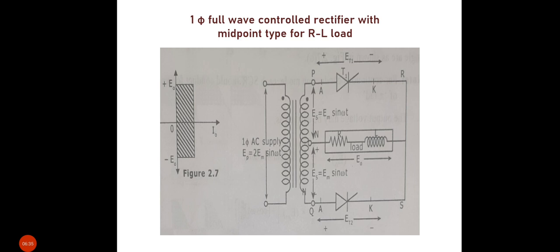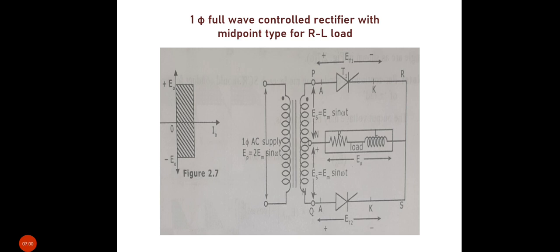The current waveform is discontinuous when alpha is greater than phi and gamma is less than pi. Continuous and discontinuous conduction of load current depends upon the value of the load inductance. Now see the second mode of operation.